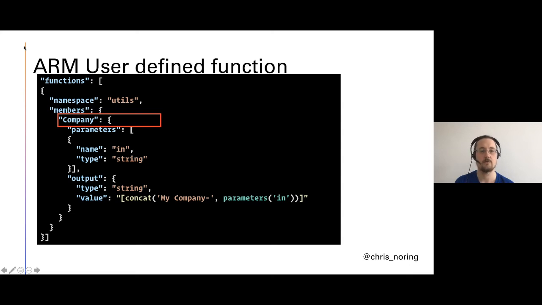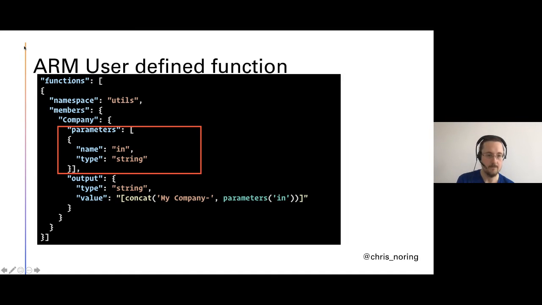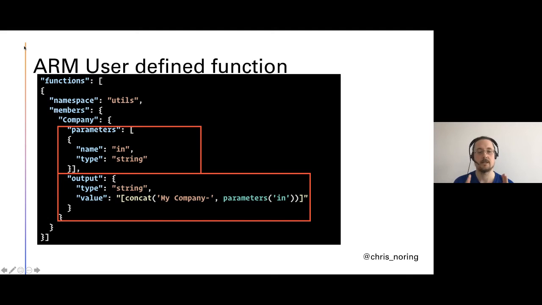And once you have a function name, you want some kind of input parameter, which is what you have here. And we say that the input parameter is called in, and it's of type string. In the output section, the interesting bits are happening. In fact, in the output value section, this is the function body, if you will. So this is where you do all the transformation necessary and you spit a value out.